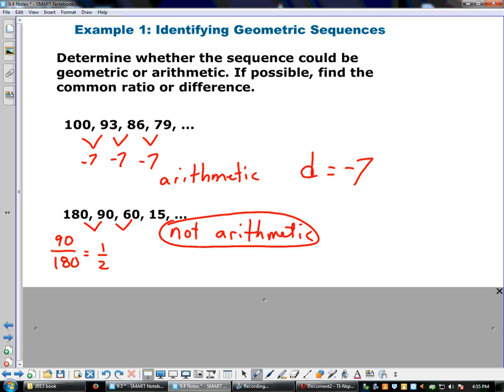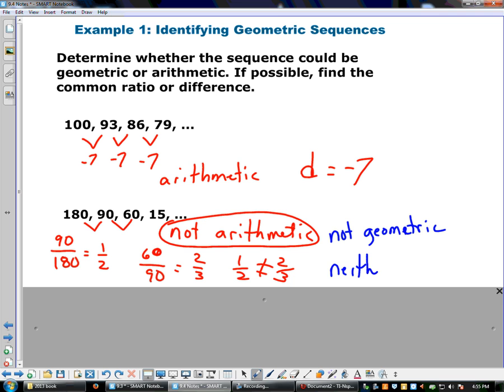And 60 divided by 90, when I reduce that, I get 6 over 9, which is 2/3. Well, 1/2 is not equal to 2/3, so they do not have a common ratio either, which means this is also not a geometric sequence. So that means we would say this one is neither.